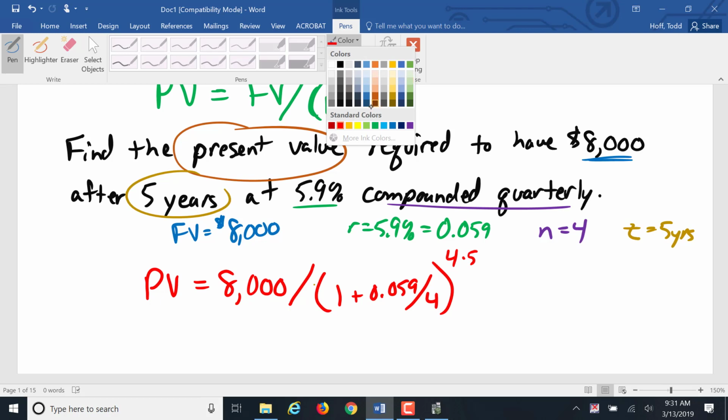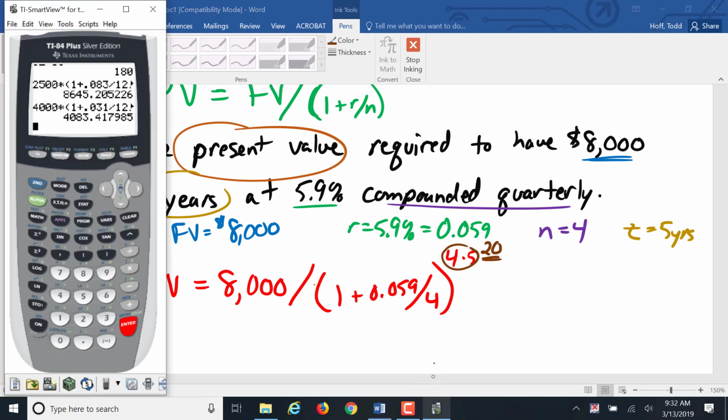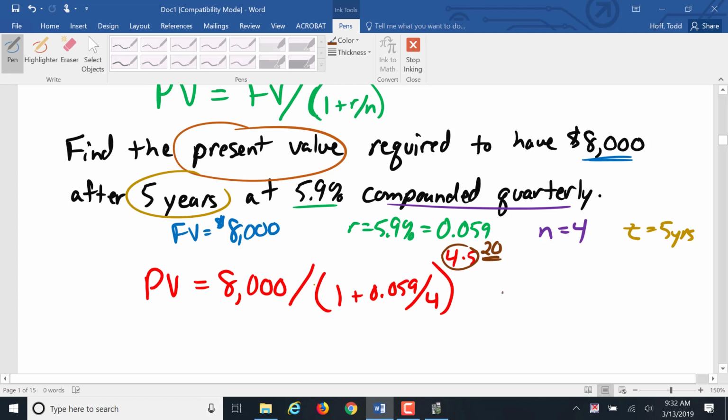Now, as I mentioned in the future value calculations, 4 times 5 is 20, and if I combine those before I type it in the calculator, it makes it a little bit simpler to enter. So it's $8,000 divided by my parentheses, 1 plus 0.059 divided by 4, close our parentheses, to the power of 20.